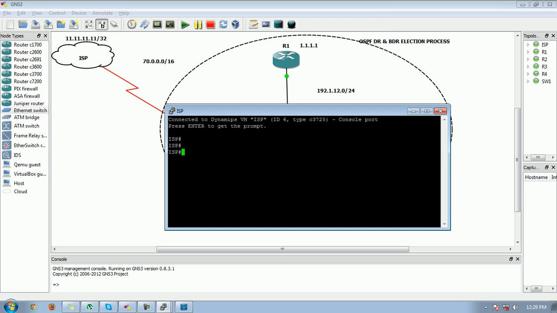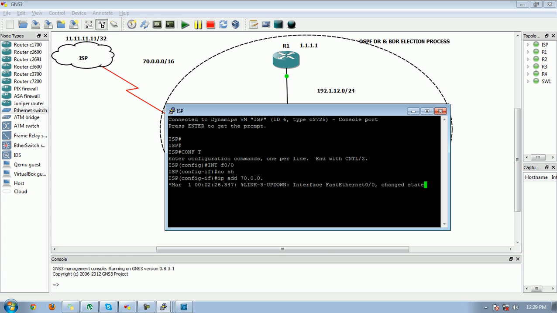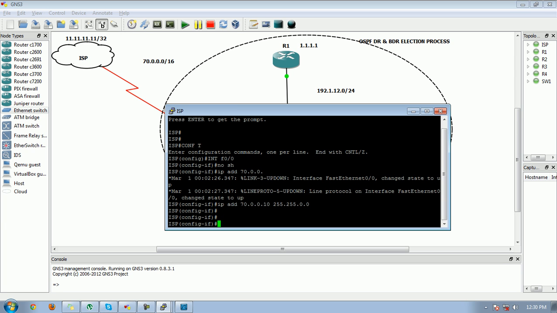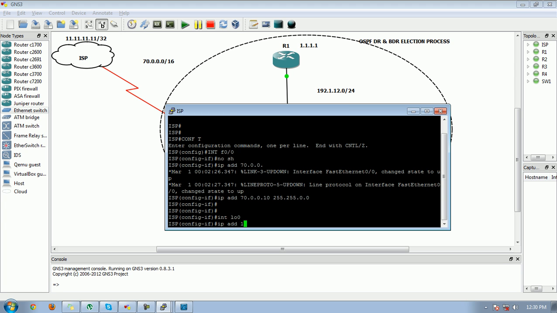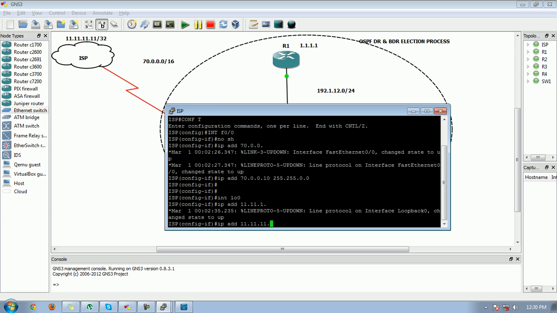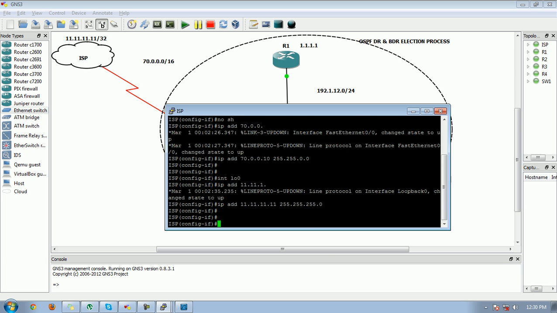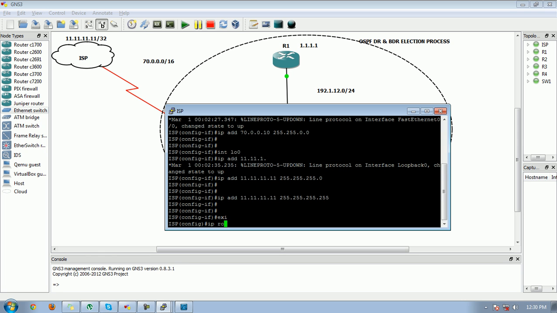So my ISP has an IP address of interface FastEthernet 0/0, 70.0.0.10. I'm writing default route from both the ends. Okay.